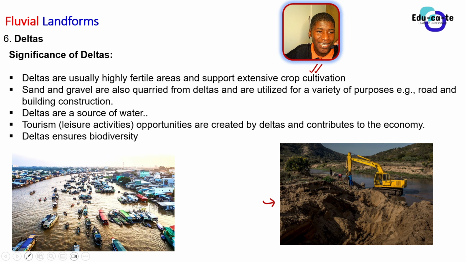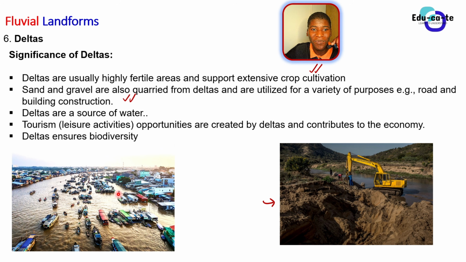And also, the deltas are a source of water. Because remember that the deltas are just those smaller streams, those distributaries. They have got water, so they're a source of water for us humans. So if you are staying in an area where there are deltas, for example, here, this is actually a tourism area. You can see people touring, but other people stay exactly next to the river or next to a channel.